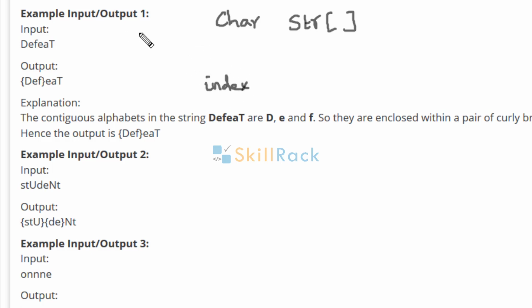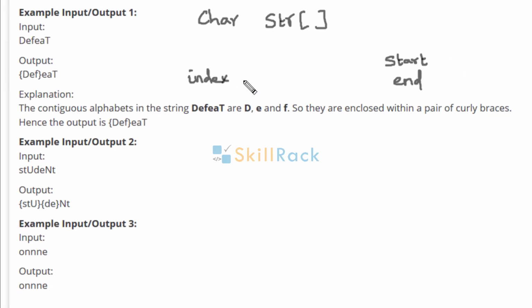Also, we need to note from which character to which character it is continuous, ignoring the case. That is the range. Whenever we are going to denote a range, we need a start and the end. So we will have two variables, start and end.